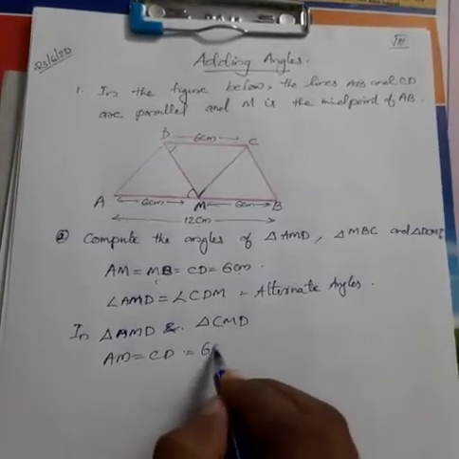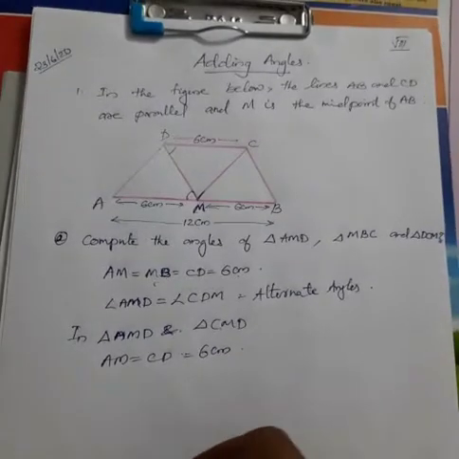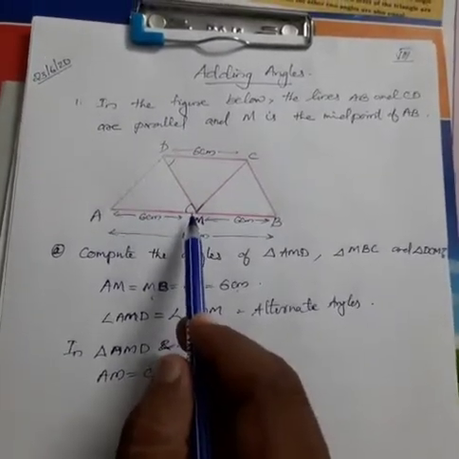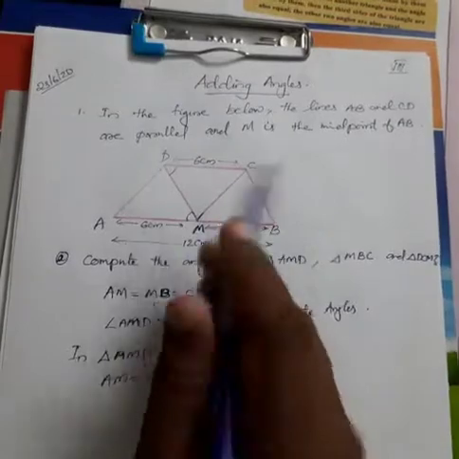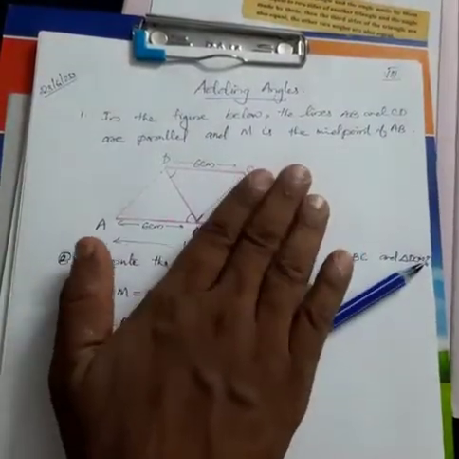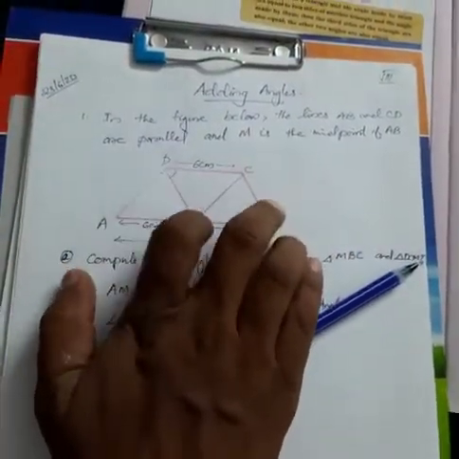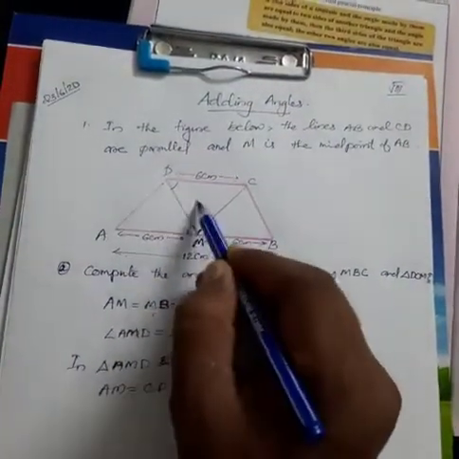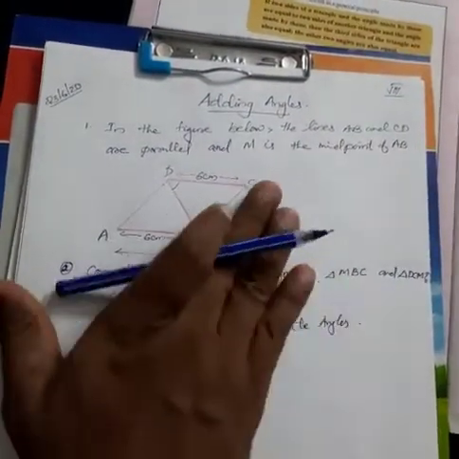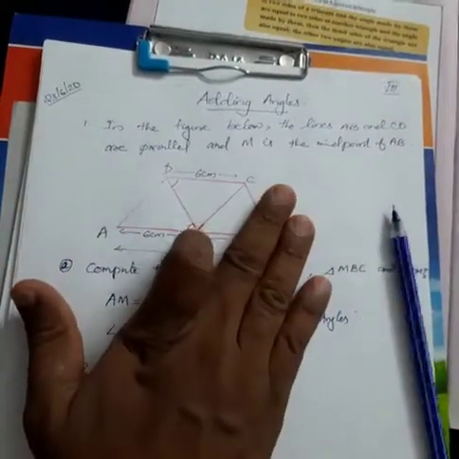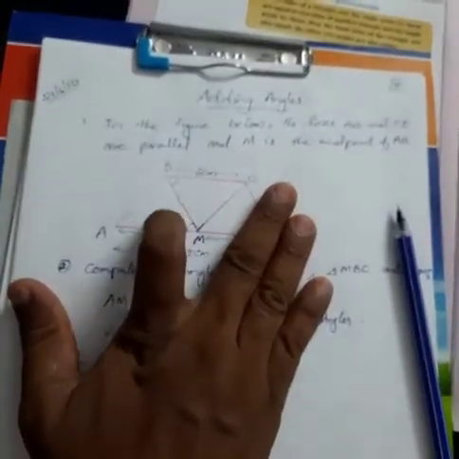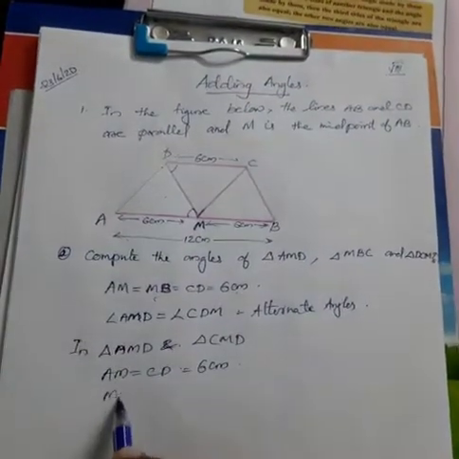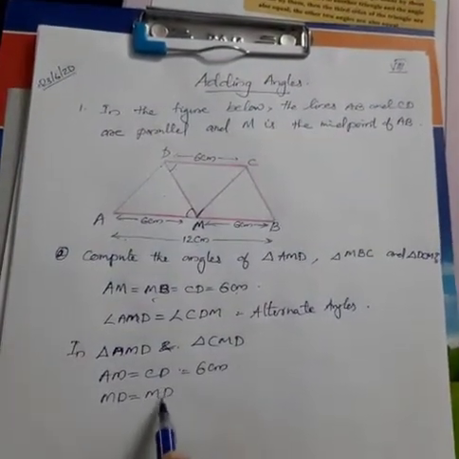It is 6 centimeter each. And as already said, if we consider these two triangles, MD is common for both the triangles. So MD is equal to MD.